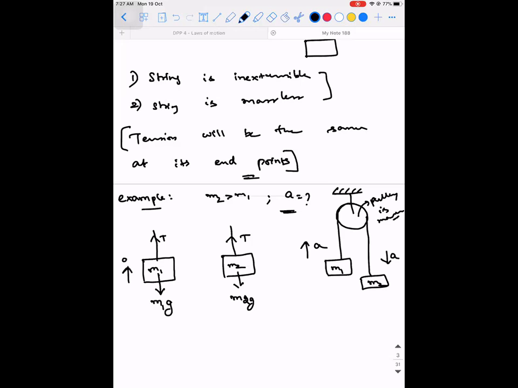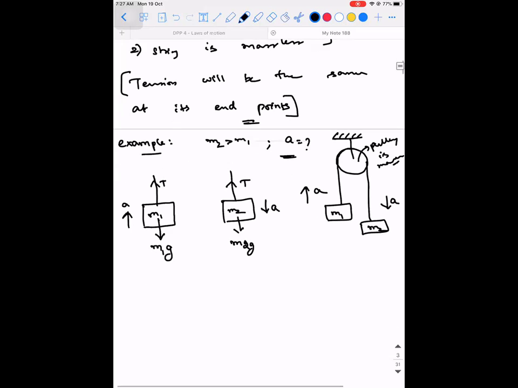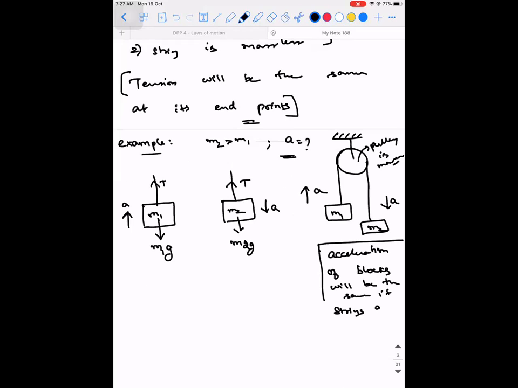If this is A, here it is A. One more important point to be noted here is that acceleration of blocks will be the same if strings are inextensible. Had they been extensible, had they been elastic, their accelerations would also vary.